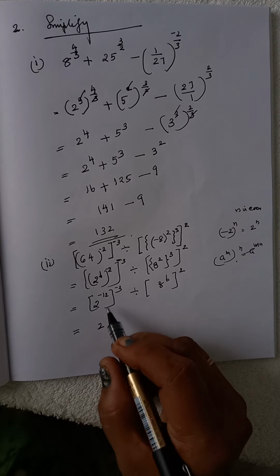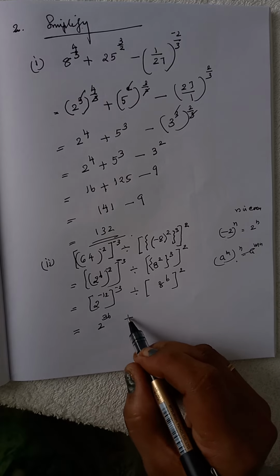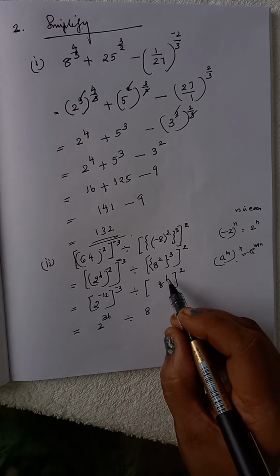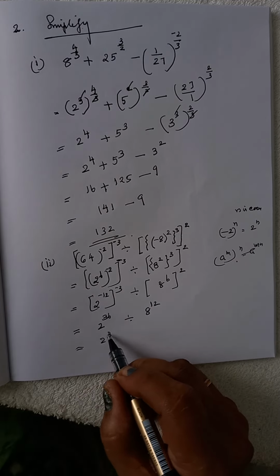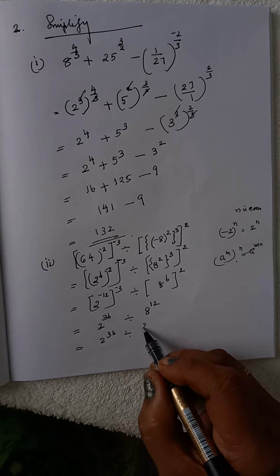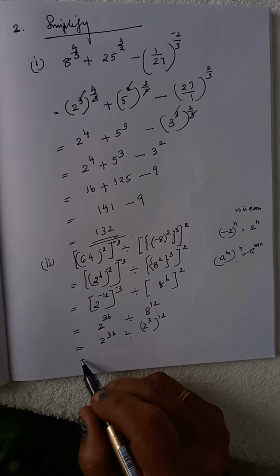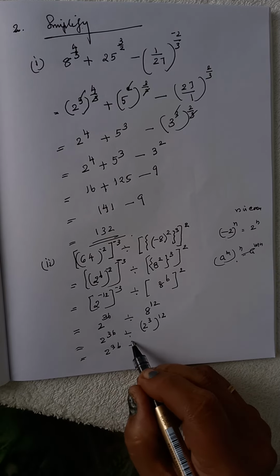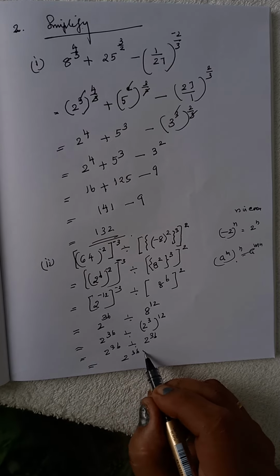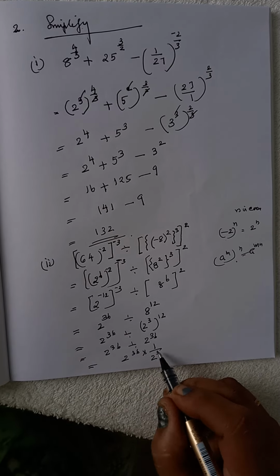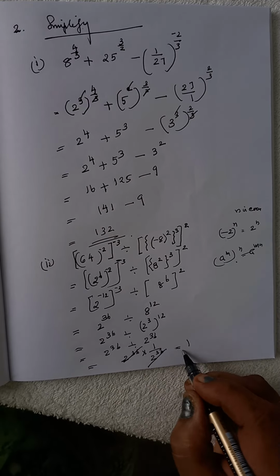So minus into minus is plus, 12 into 3 is 36, then that divided by 8 raised to 6 into 2, 12. That is equal to 2 raised to 36 divided by 8 is 2 raised to 3 raised to 12, that is 2 raised to 36 divided by 2 raised to 36, that is 2 raised to 36 into 1 by 2 raised to 36. 2 raised to 36 and 2 raised to 36 can be cancelled, so the answer is 1.